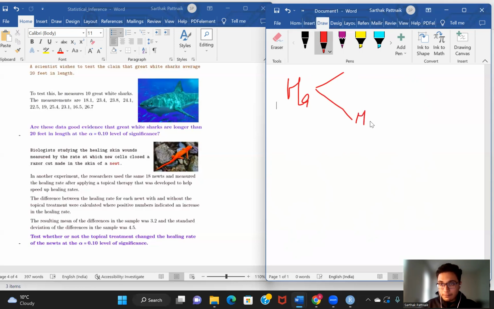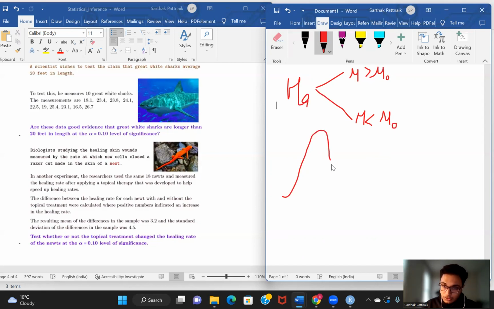Either your alternate hypothesis can be mu is less than mu naught, where mu naught is the null hypothesis or the hypothesis of no change, or your alternate hypothesis can be mu is greater than mu naught. So these are the two one-sided alternative hypothesis conditions that exist.